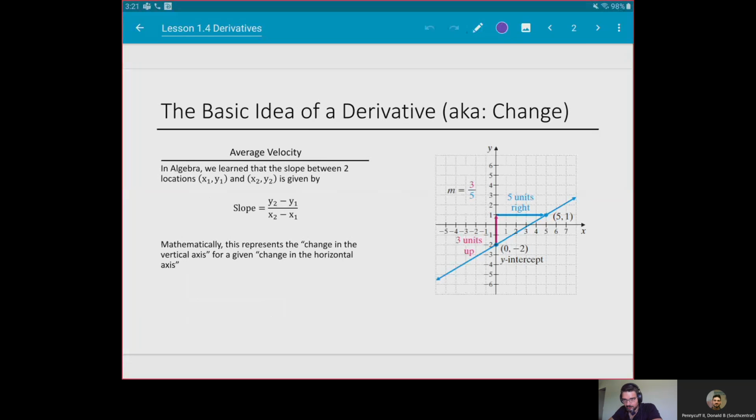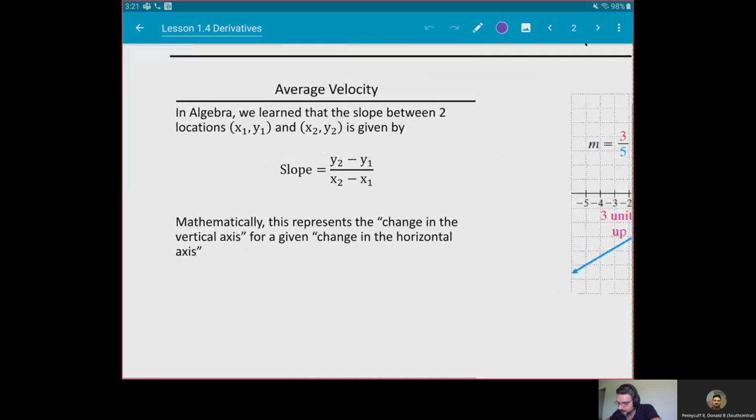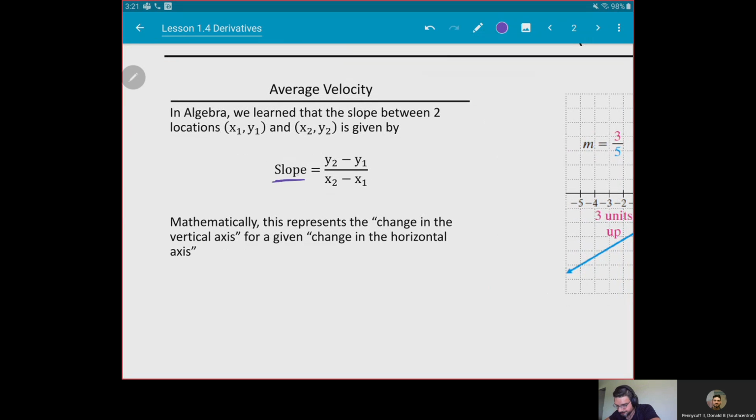So the first thing that I want to talk about, mainly because most of you are going into a physics or a heavy science background, is the difference between average velocity and instantaneous, between average value and a derivative. Okay. Now, back in college algebra and high school, you talked about slope.